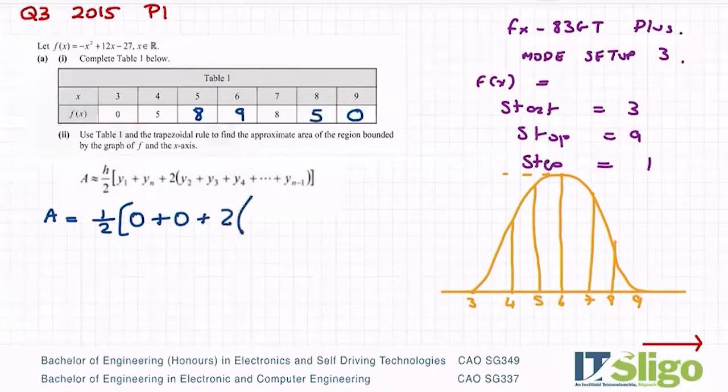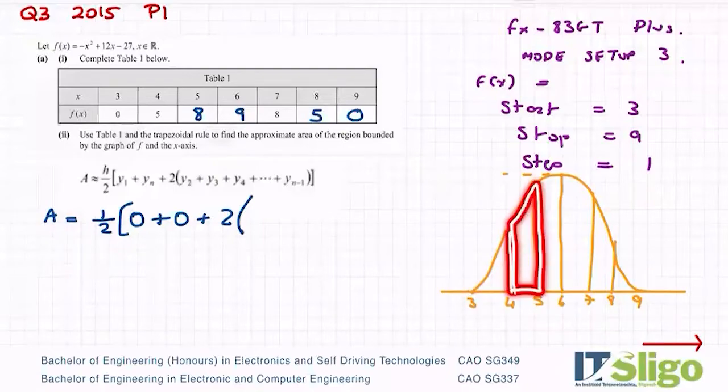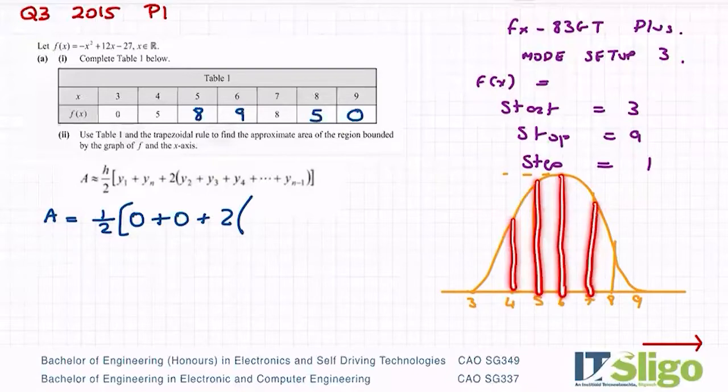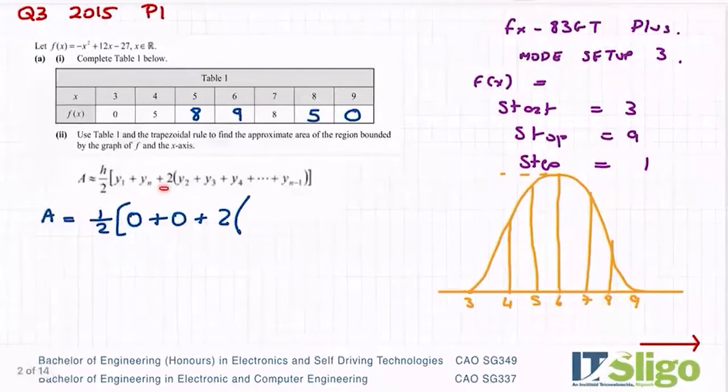And then you do twice all of the divisions in between. So again, there's your first trapezium, there's your second one. You can see this height here of 5, in my case at the point 4, is used in this trapezium, but it's also used in this one. So all of these heights in between the first and the last get used twice.